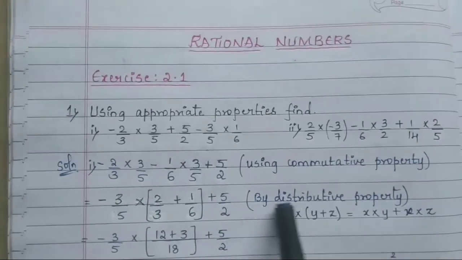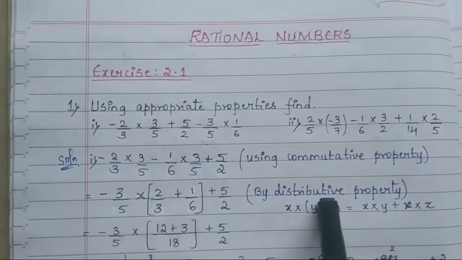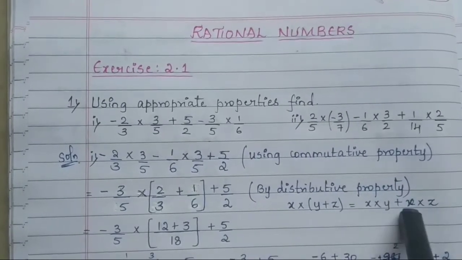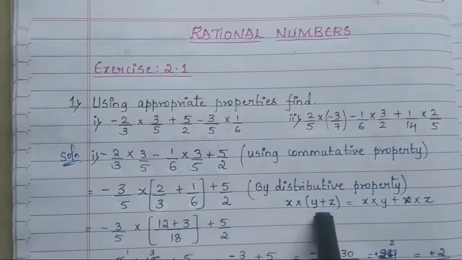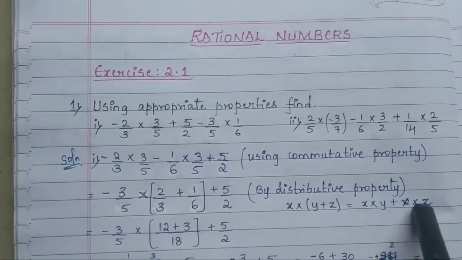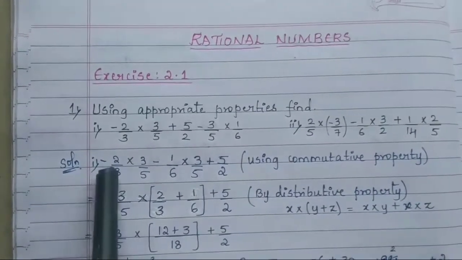As you can see, this is according to the distributive property. We have this formula for the distributive property: x into y plus z is equal to x into y plus x into z. So we have this form here.